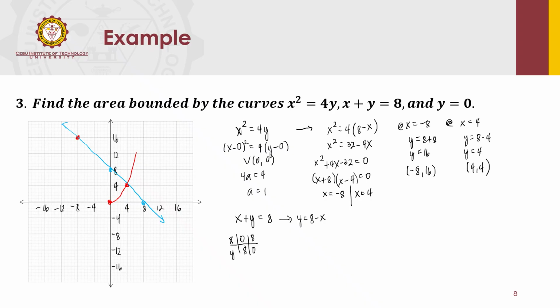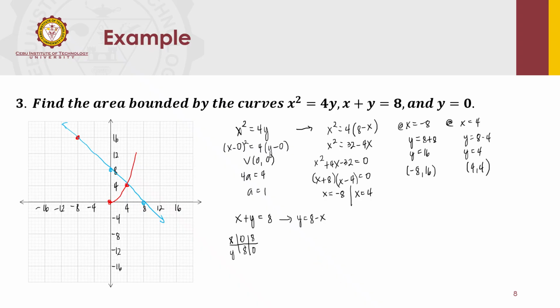But take note that we have a third equation here, which is y equals 0. It's not only these two curves here, so including this third curve, which is the x-axis, y equals 0. So it is included in the boundaries.